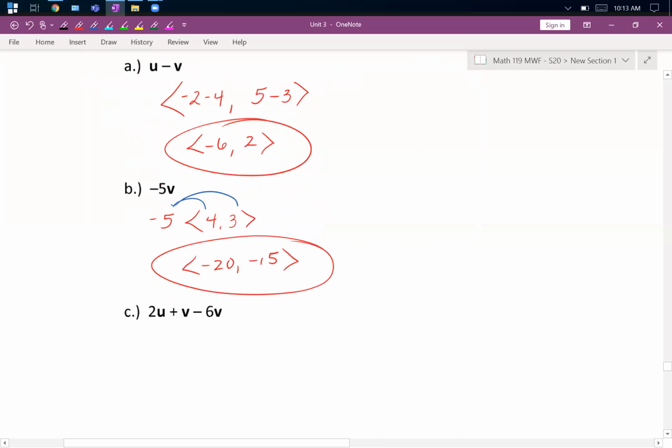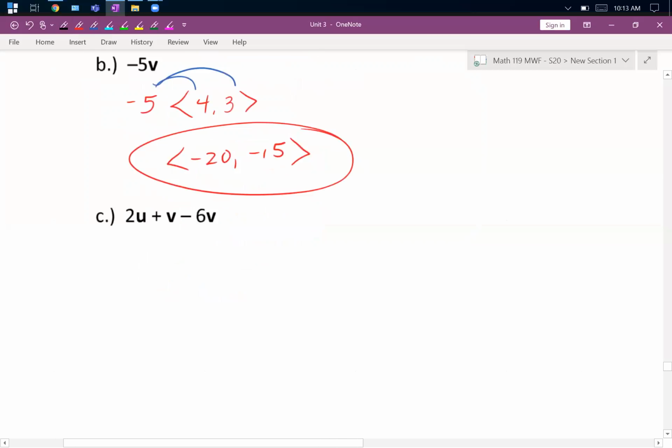And then for part C, it asks us actually to do both things, right? We have scalar multiplication and addition and subtraction happening. We always follow order of operations, so we'll do the scalar multiplication first, and then the addition and subtraction second.